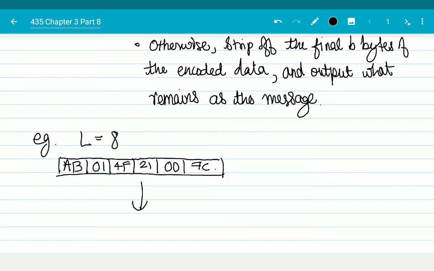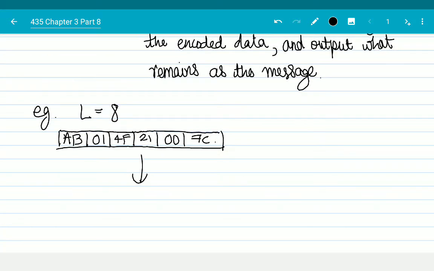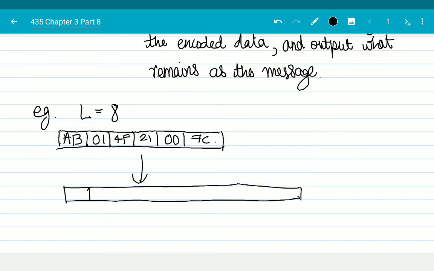So in that case, this is 6 bytes and my length is 8. So I need to append 2 bytes. And so the appended data is going to look like AB 01 4F 02 01 00 7C.